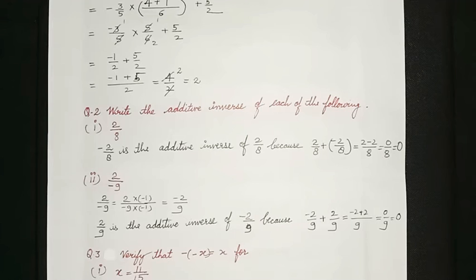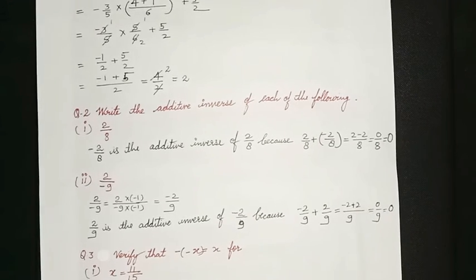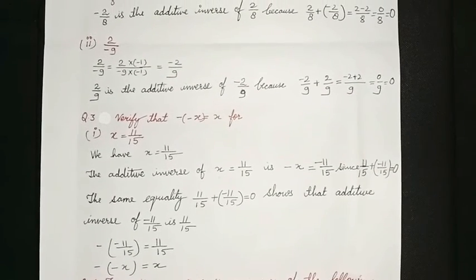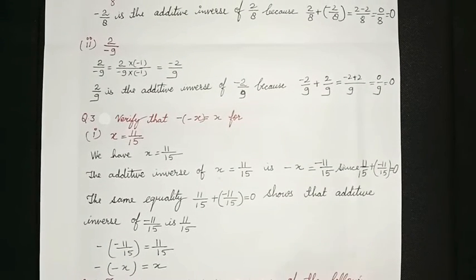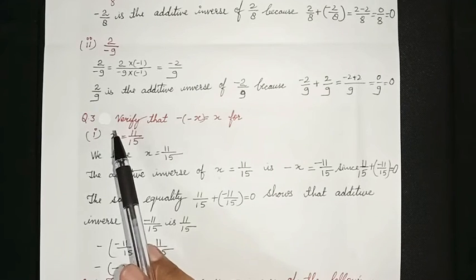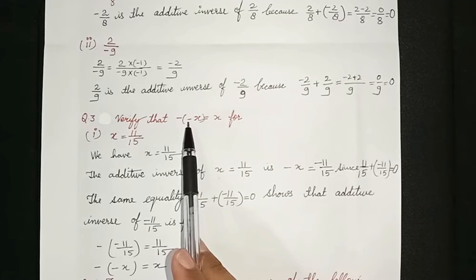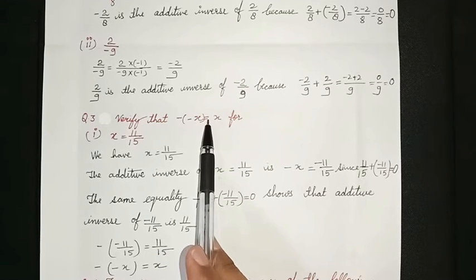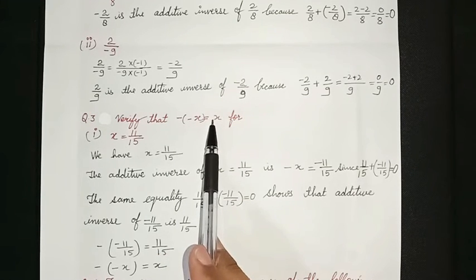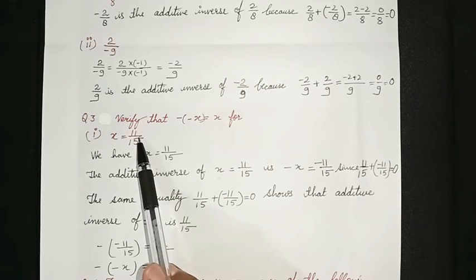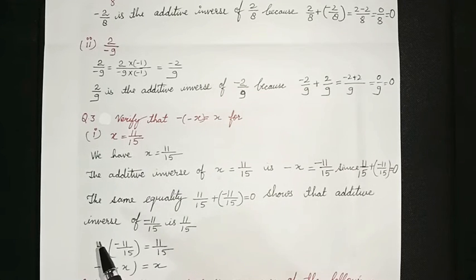Now the third question of this exercise. The third question of the exercise: verify that minus of minus x is equal to x. We have to verify it for x equals 11 upon 15.